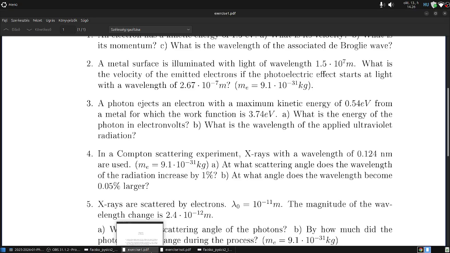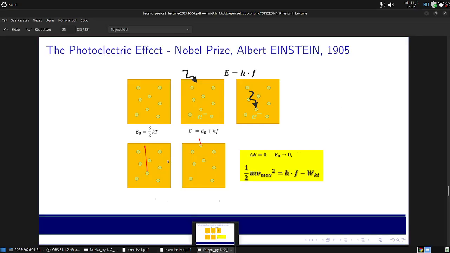So, we had an electron. We know its energy. We know the work that must be made to remove this energy.